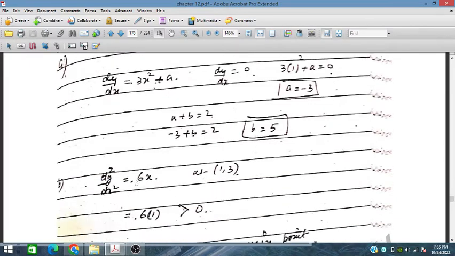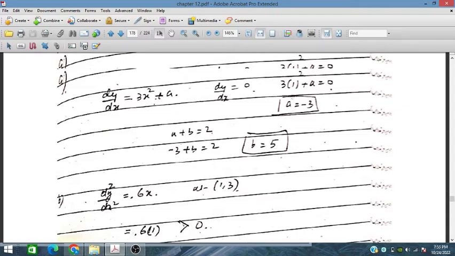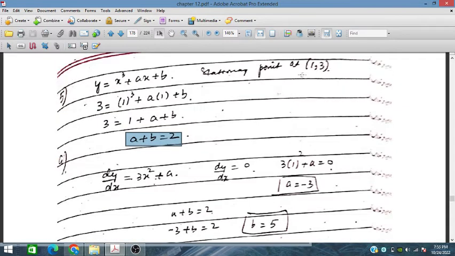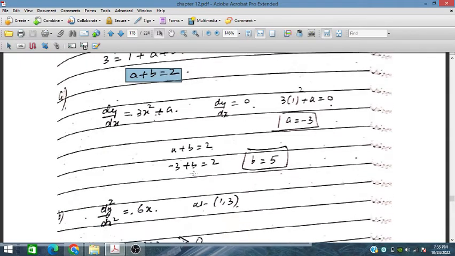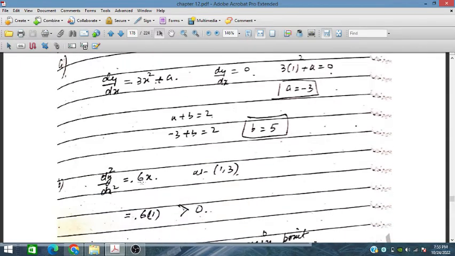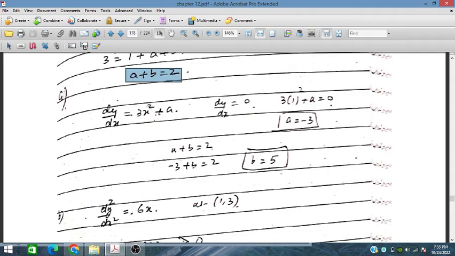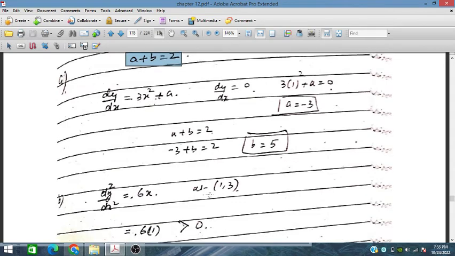So now take the second derivative. We have these values, and this (1, 3) is a stationary point. Now we have calculated a and b by using these differentials, and in part b, the double derivative is equal to 6x at (1, 3).